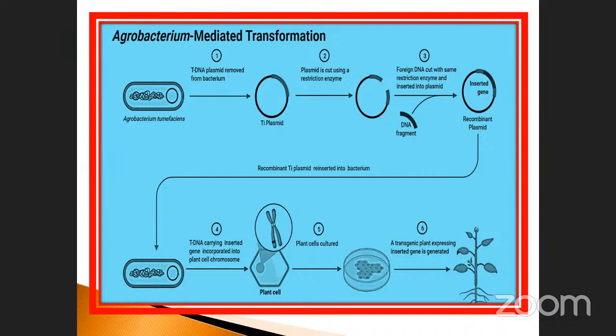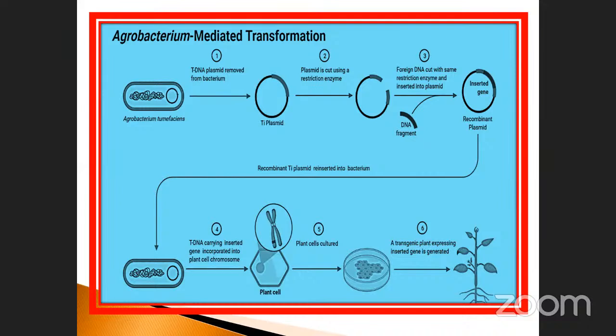It is also inserted into another recombinant. When you add the A gene, this one is also taken from another gene. This is the animal gene, isn't it? This one is obtained from the plant cells. Both are united with the help of the ligase enzyme, and that condition is called a recombinant plasmid.